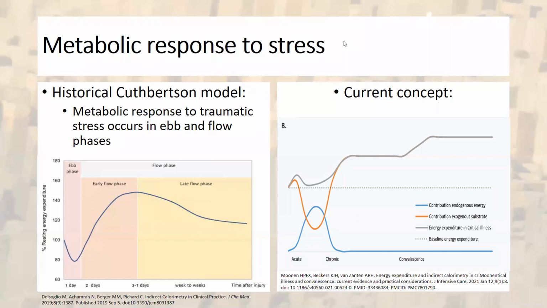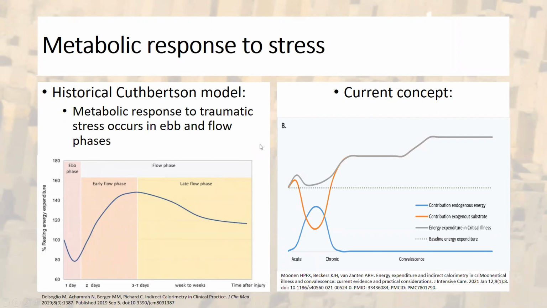In 1942, Cuthbertson described a model of the metabolic response to traumatic stress that occurs in an ebb and flow pattern. In that first phase, if you look at resting energy expenditure, he described an ebb, meaning a dip in your energy requirements. But beyond that first phase, you can see this flow, an increase in the energy requirements.